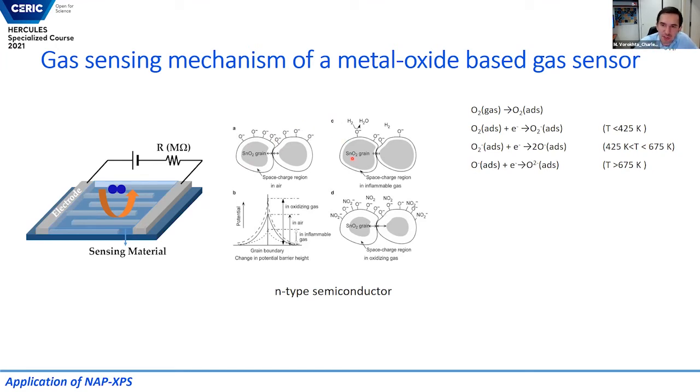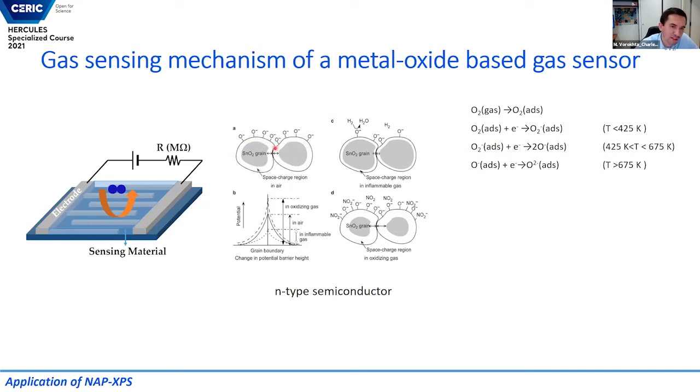It happens mainly at high temperature, higher than 200 degrees C, and you can have different species on the surface. First, it can be just a molecule of oxygen adsorbed, which pulls one electron from the surface. If you increase temperature, this oxygen can dissociate into atomic oxygen, and they take electrons from the surface.